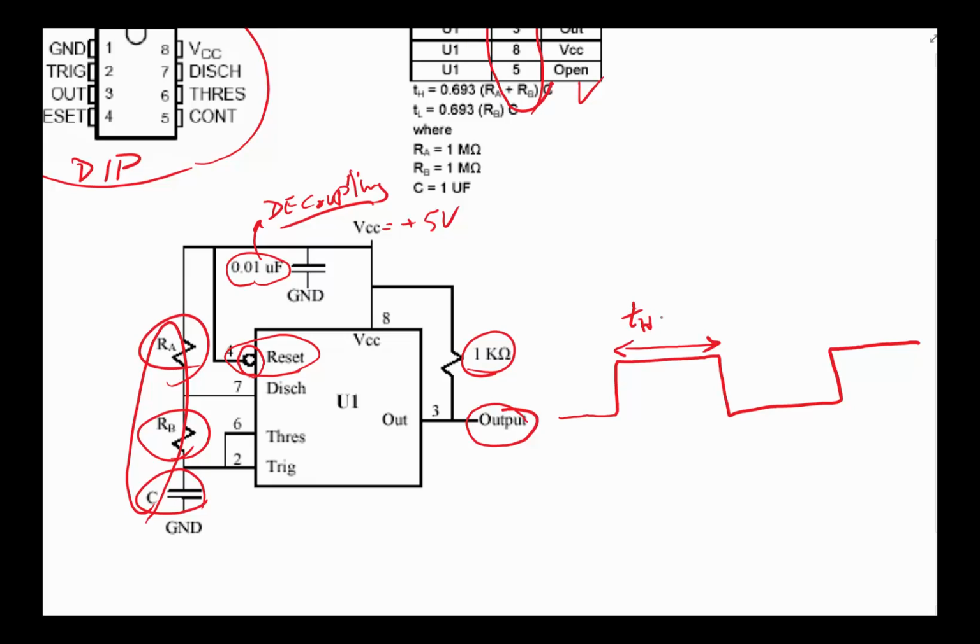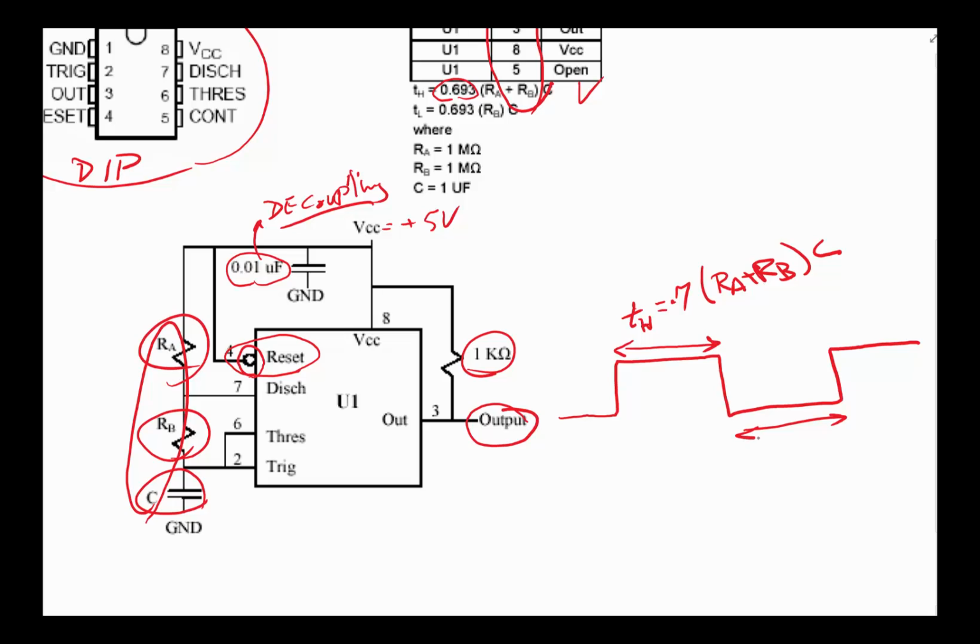If resistors are in ohms and capacitors in farads, roughly, I'm going to use 0.7, it's actually 0.69, but we'll use 0.7 to approximate. T high is 0.7 times RA plus RB times C, and that tells us how long it's going to be high.